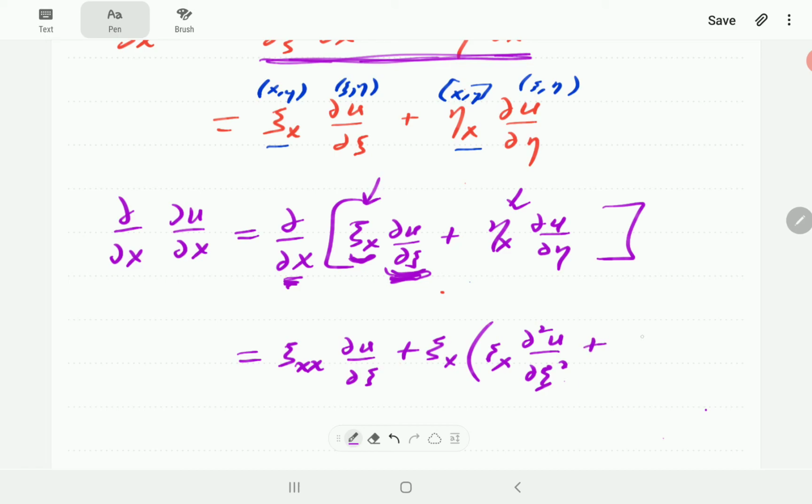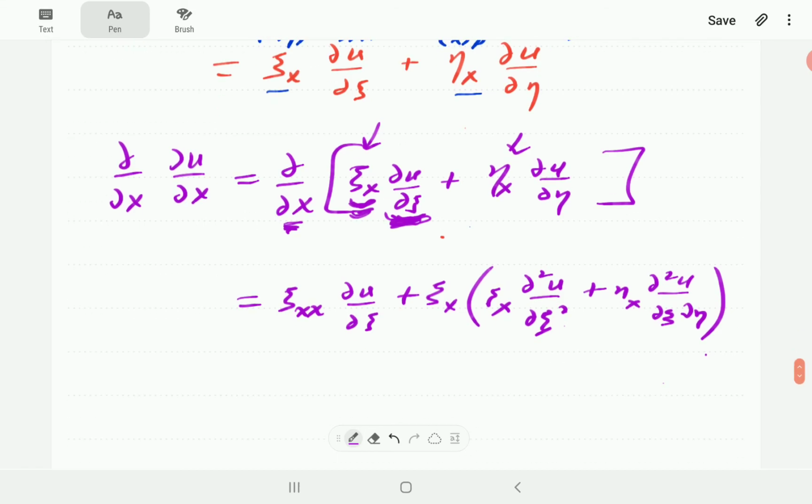Then we do the derivative with respect to eta and multiply by eta x. Okay, so we're keeping this fixed, just differentiating this with respect to x, but going through xi and eta. Then we're going to do the same thing for this term.